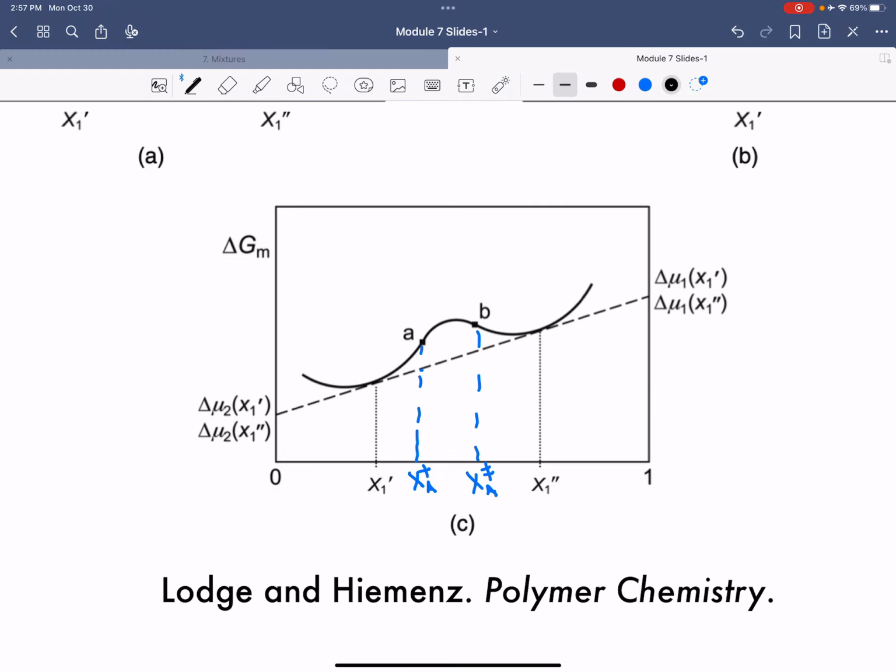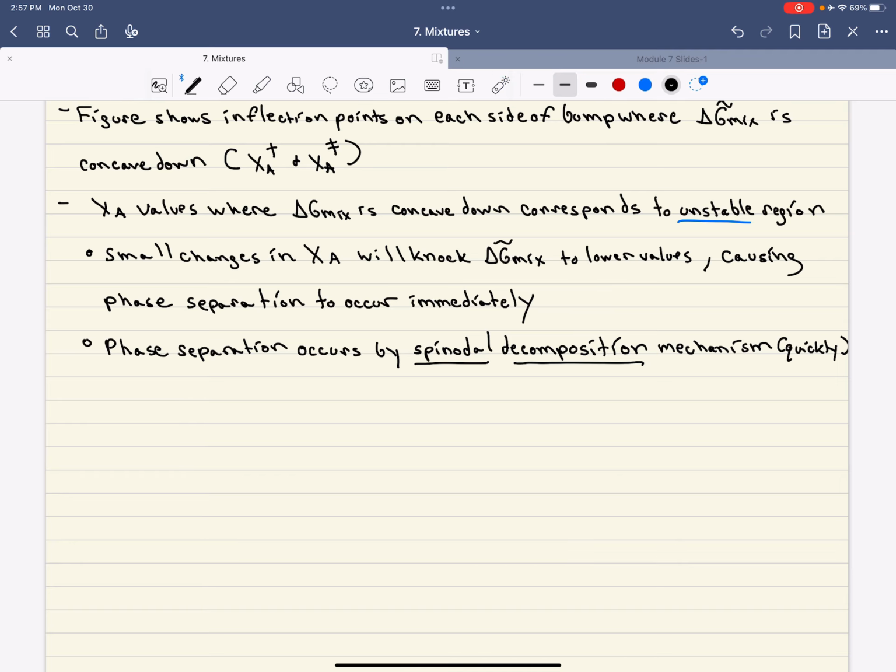Let's now talk about the region between x prime and x dagger, and x double dagger and x double prime. So in the region where the curve is still concave up, but we're not at the places where the chemical potentials are equal. Okay.